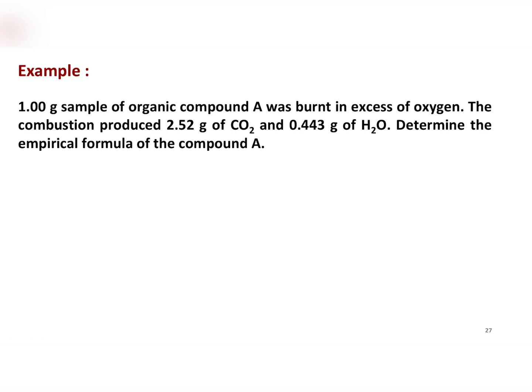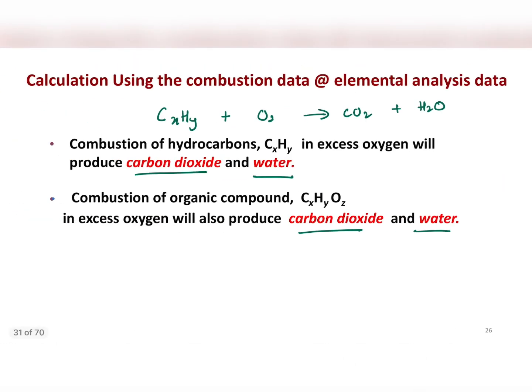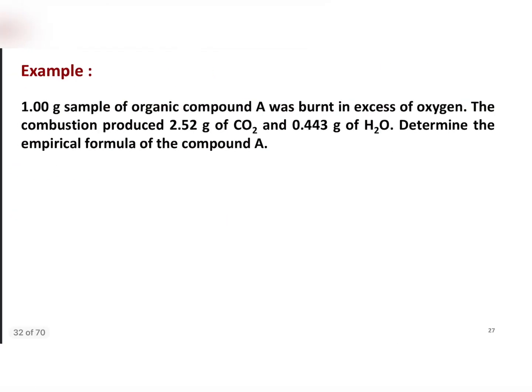Okay, so let's have a look at this example. 1 gram of sample organic compound. So organic dia cakap. So remember tadi, kalau hydrocarbon CH saja formulanya. And then kalau organic compound mesti CHO. Ingat, organic CHO.